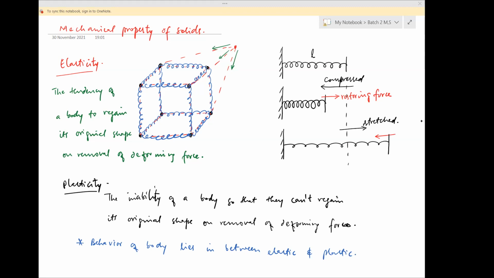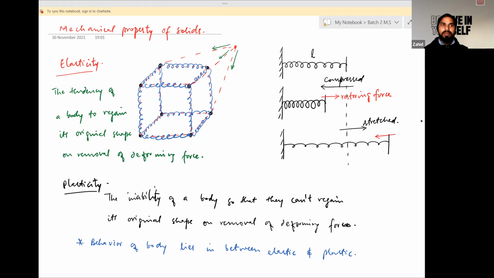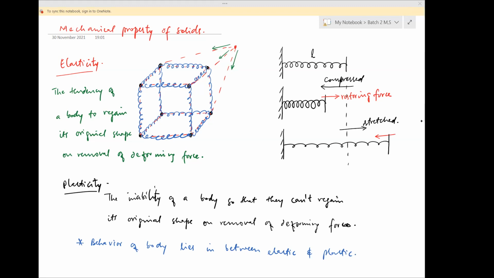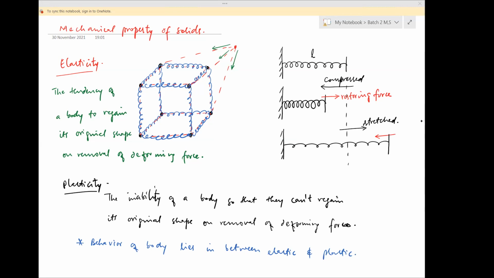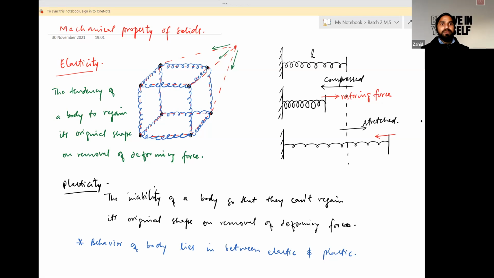Yes, it will be lesser in amount. But in all objects, both these properties will lie. It depends upon which of these will be larger in magnitude.